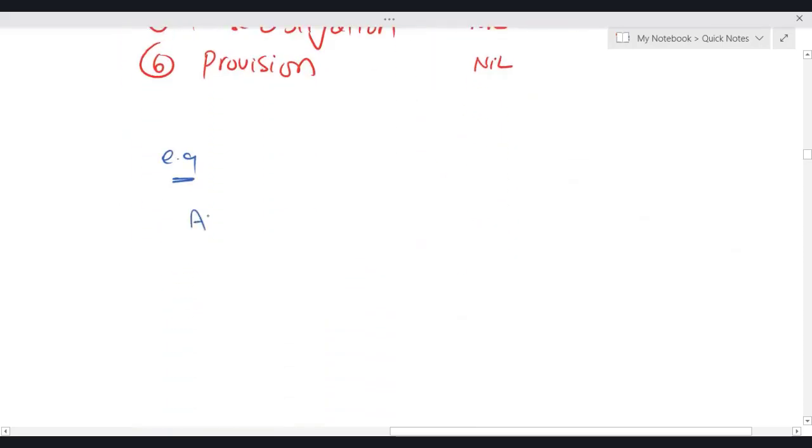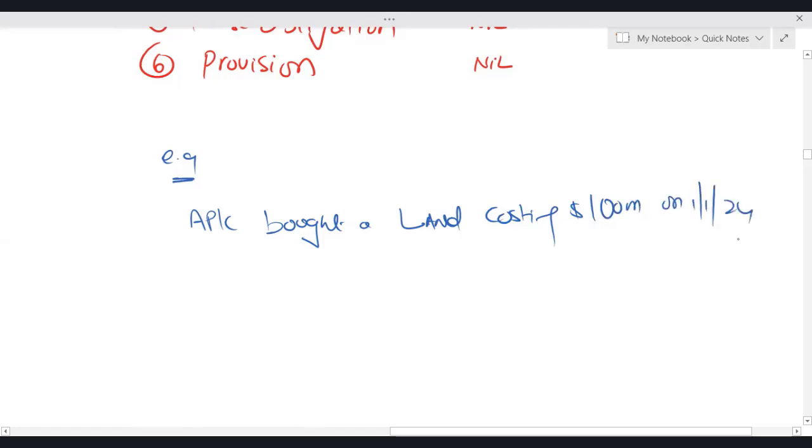Assuming APLC bought a land costing 100 million on 1/1/2024. So APLC bought a land costing 100 million.